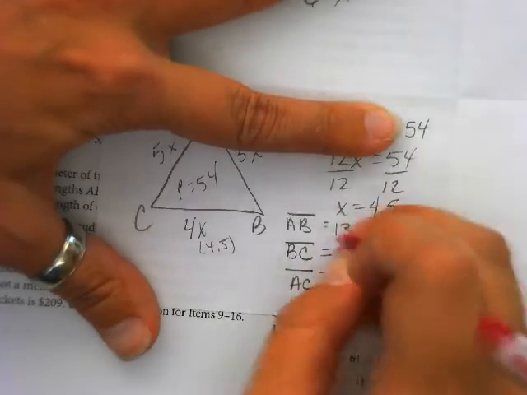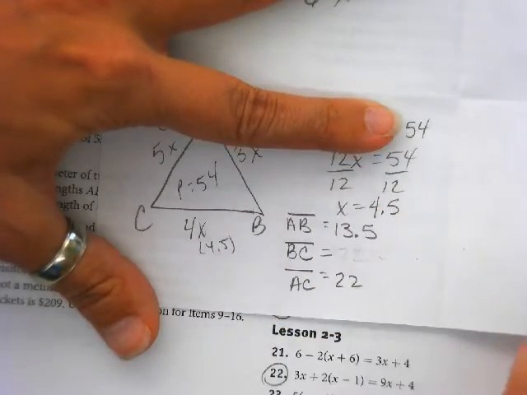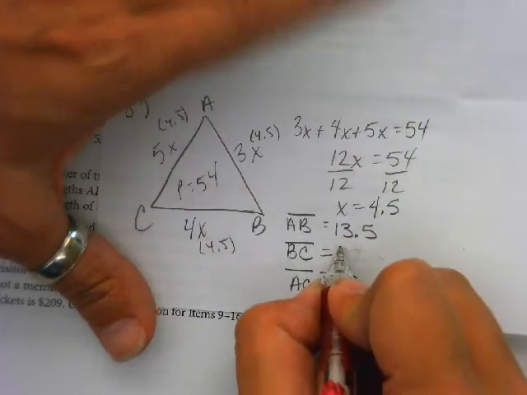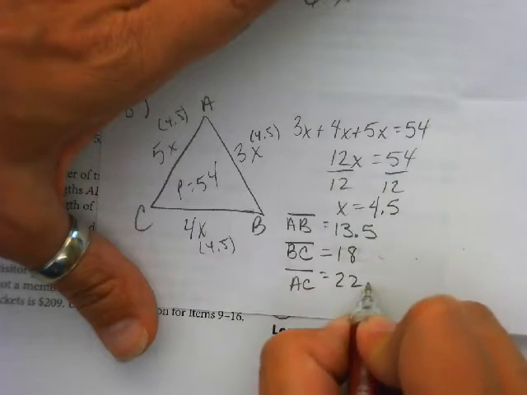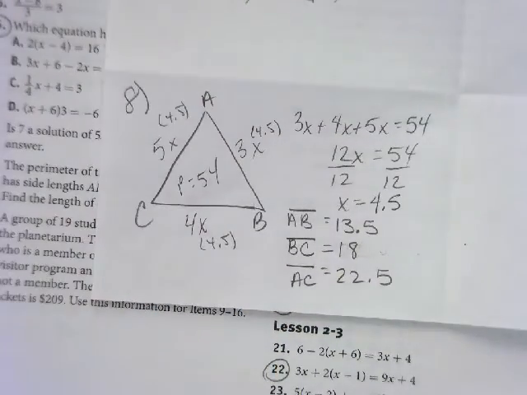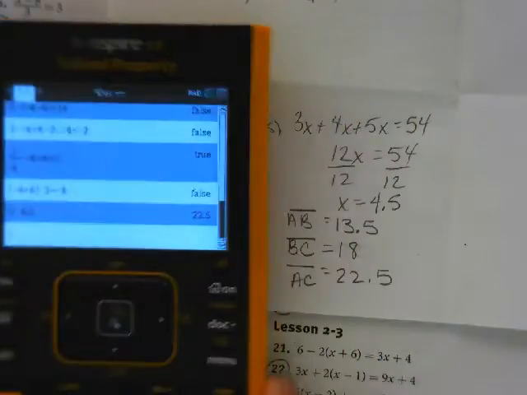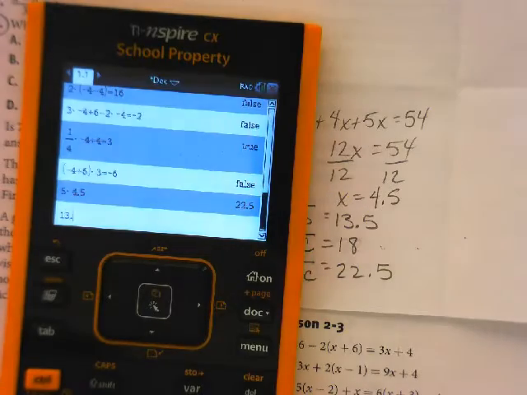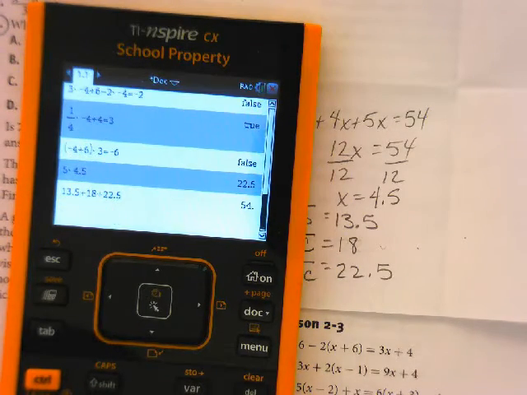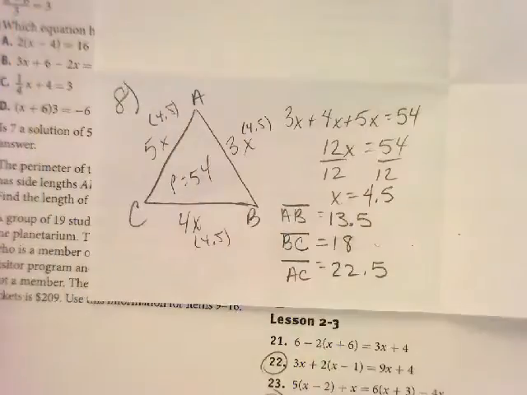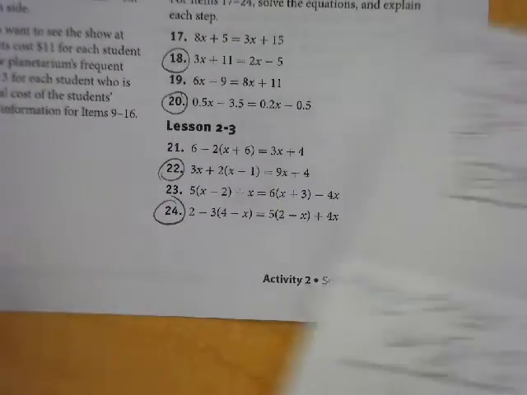That was AC. 22, and this is 18, 22.5, I believe. I did that from memory, so make sure you're using your calculator. You can even double check it. You could go through to your calculator. You say 13.5 plus 18 plus 22.5 is in fact 54. There you go.